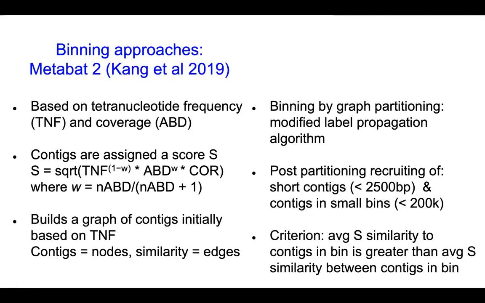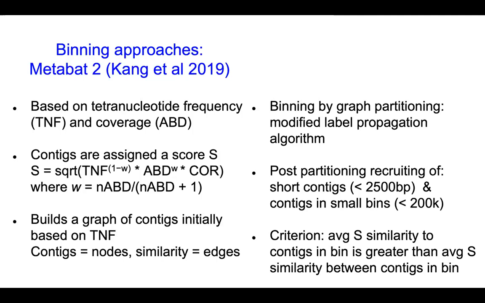So a tetranucleotide frequency, to recap, is when you take a contig or any stretch of DNA and calculate all the possible 4 nucleotide sequences that are present on that stretch of DNA.